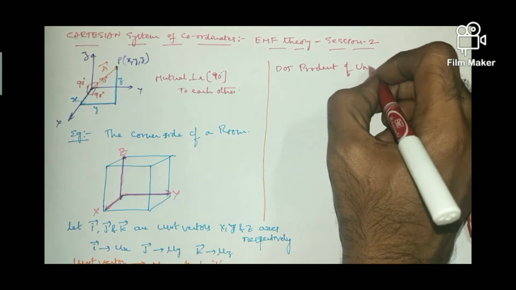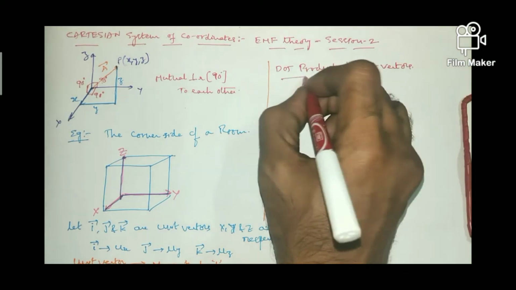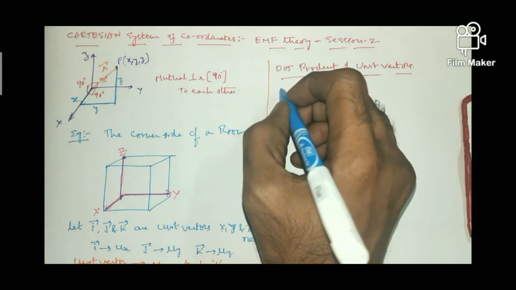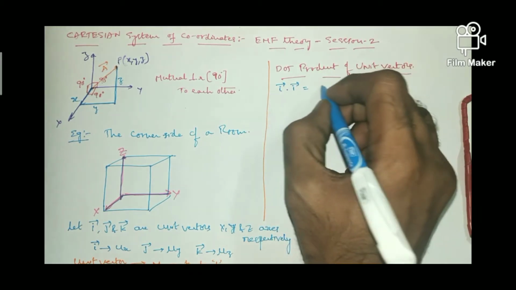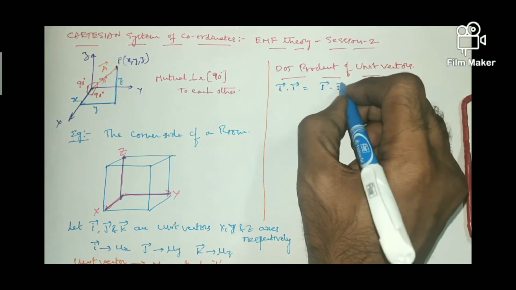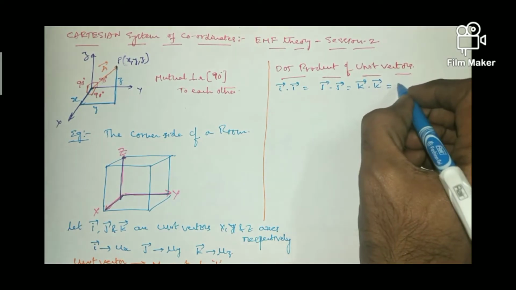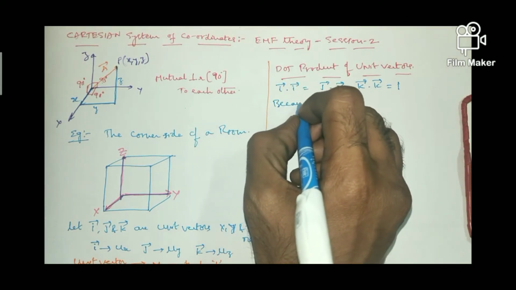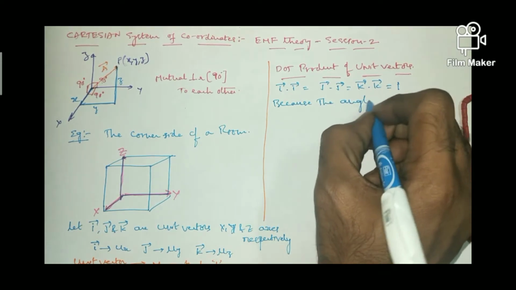As we know, if we consider the same unit vectors, the angle between them will be equal to 0. Hence, the dot products i bar dot i bar, j bar dot j bar and k bar dot k bar will be equal to 1, because the angle between them is 0 and cos 0 is equal to 1.